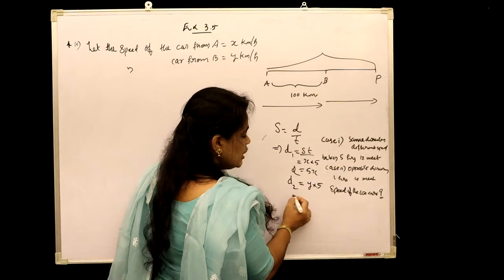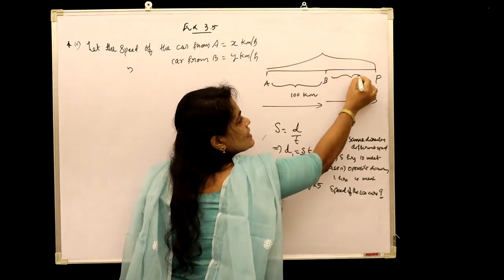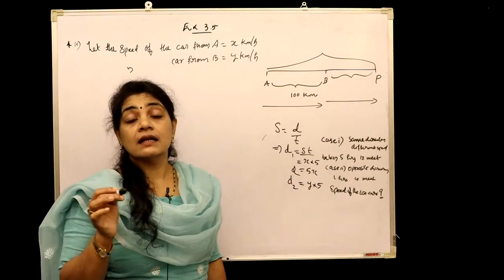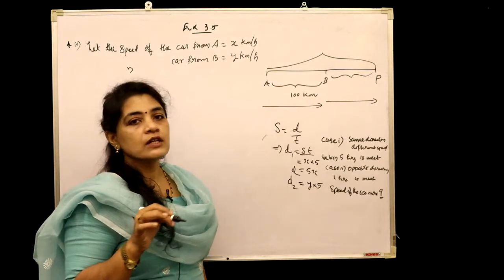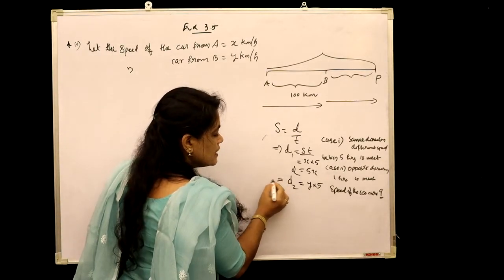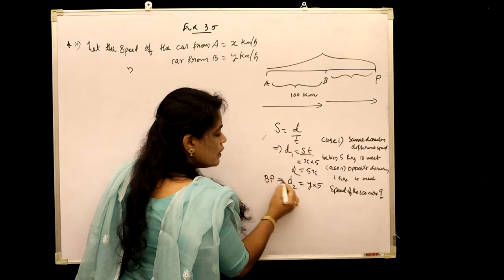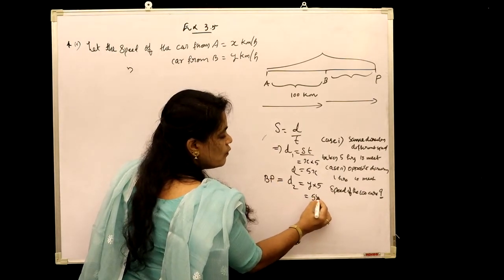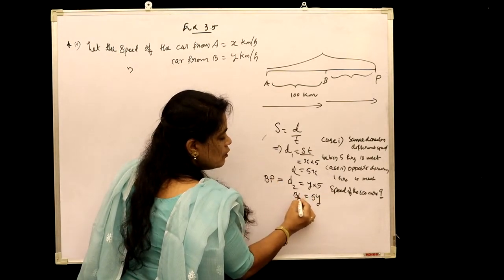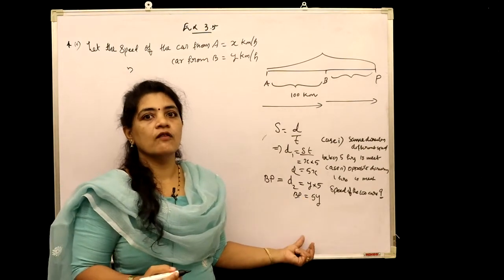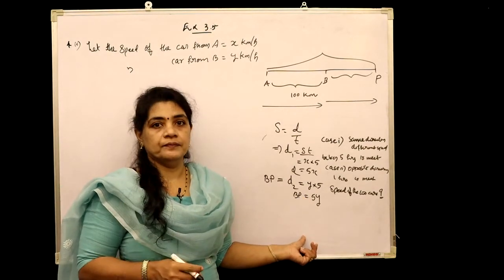This D2 is the distance travelled by the car from B, which can be represented by BP. BP is equal to 5y, the distance travelled by car B.